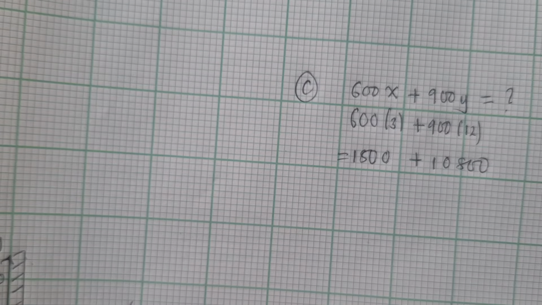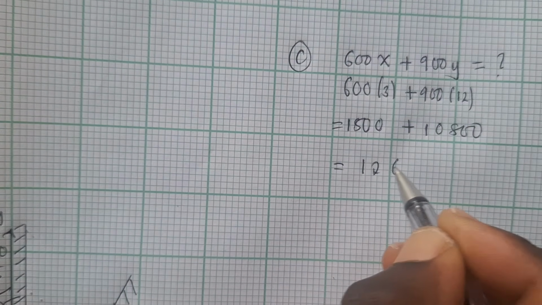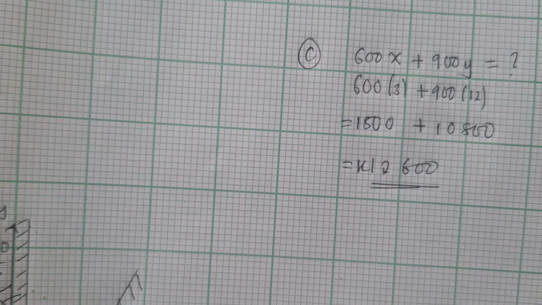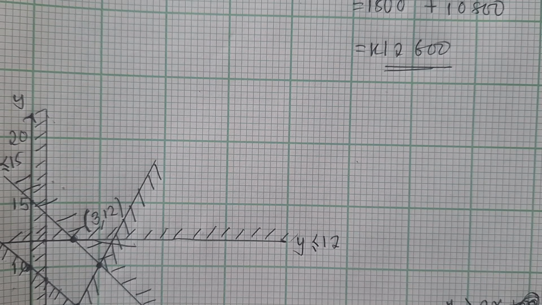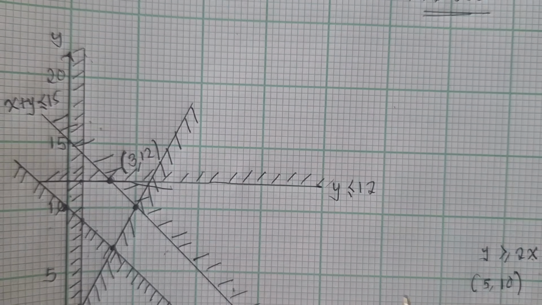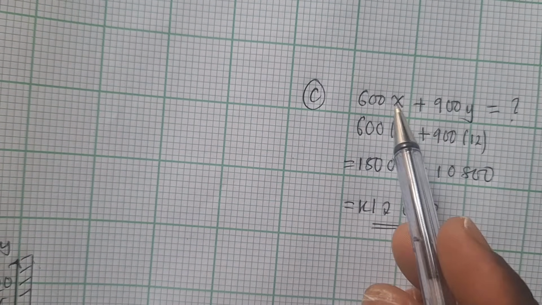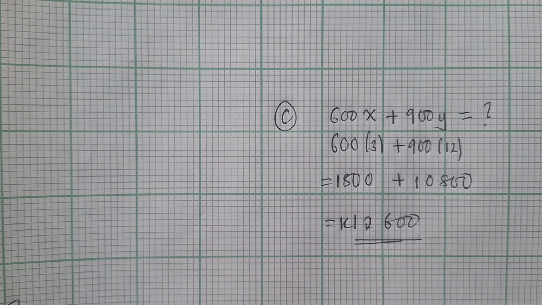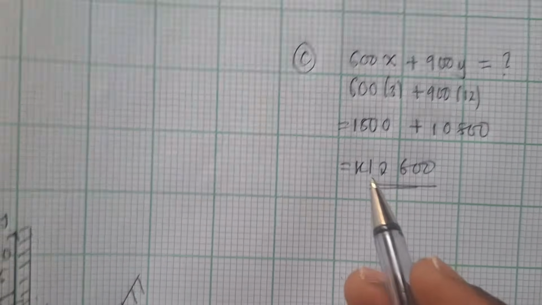And when we add those two, we're getting 12,600. This is our maximum profit. Okay, so once you do that, this is how you test. You can use a separate paper. You try to test so that you don't mess up your graph paper. You get the coordinates here, the x-axis, you put it here, the y-axis, you put it here, do the calculations. Whatever will give you the bigger amount, those are the coordinates you must get.